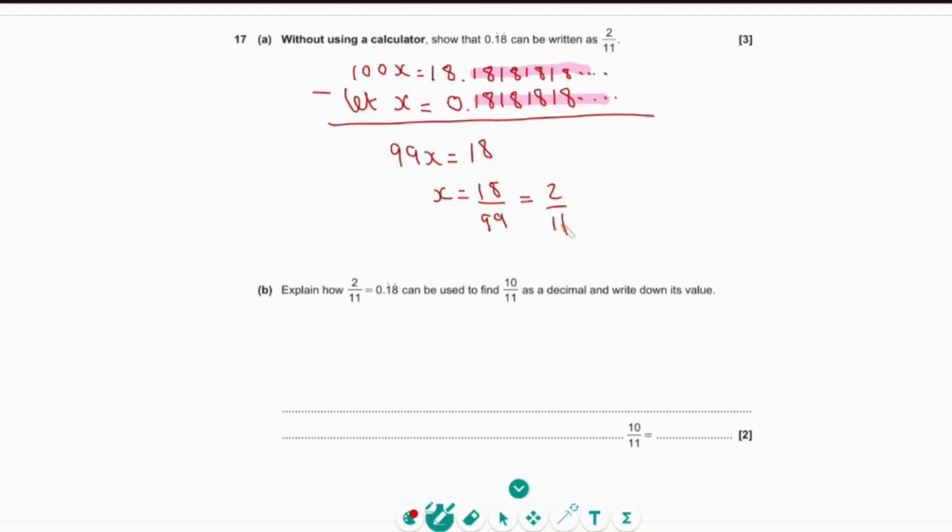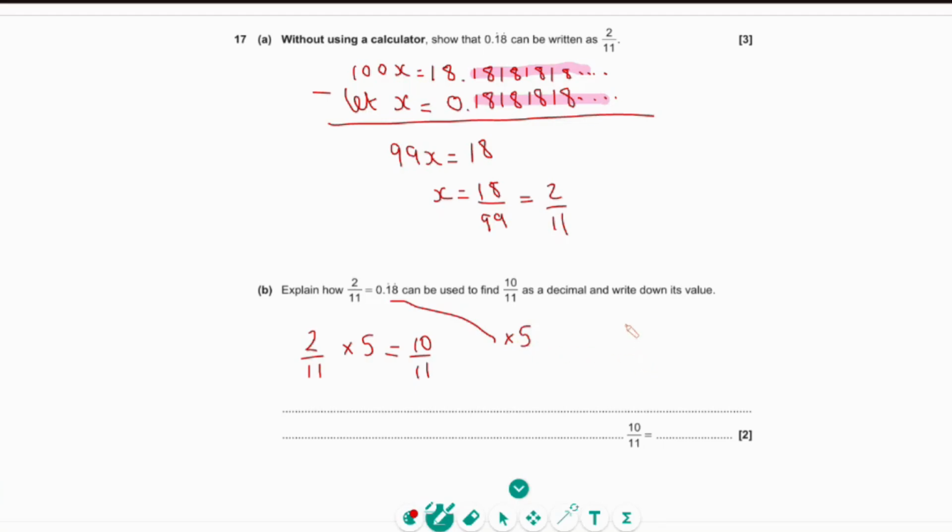Explain how 2/11 equals 0.18 recurring can be used to find 10/11 as a decimal and write down its value. Okay, I know 2/11 times 5 is 10/11. I just need to times this by 5.